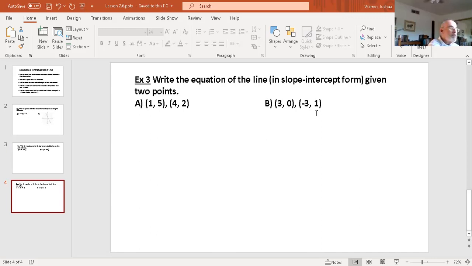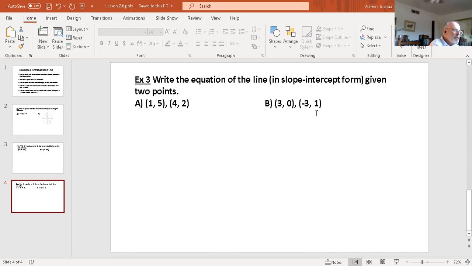And given 2 points. All right, so I've got the first point, A, and that point is (1, 5), and this is in A. So that's the first set. And the second set is (4, 2).